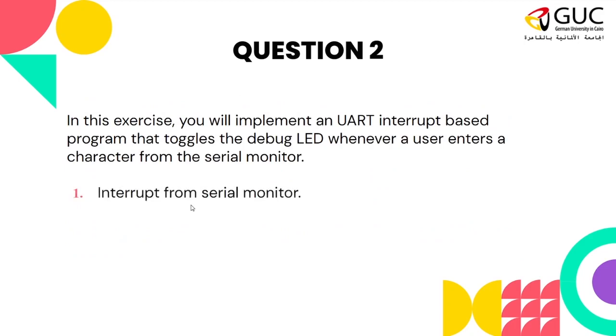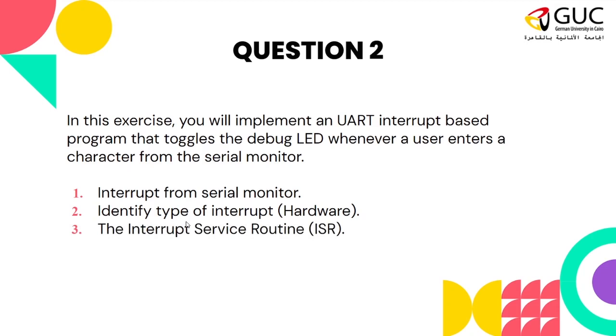First we need to understand that we have the interrupt from the serial monitor, which is a character entered by the user. So we need to identify the kind of interrupt, which is a hardware receive interrupt, and then identify our interrupt service routine.